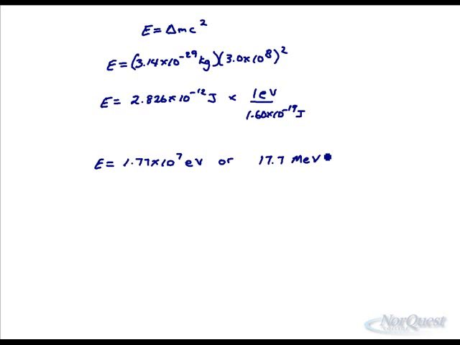Now, to explain why this number is smaller, we need to find the energy per nucleon. So I'll do this on another slide here. In example 1, we calculated with fission a typical fission reaction. We had energy equal to 191 mega electron volts.